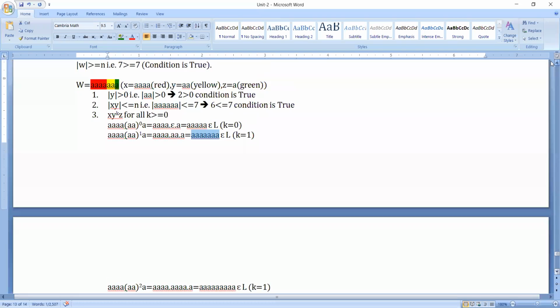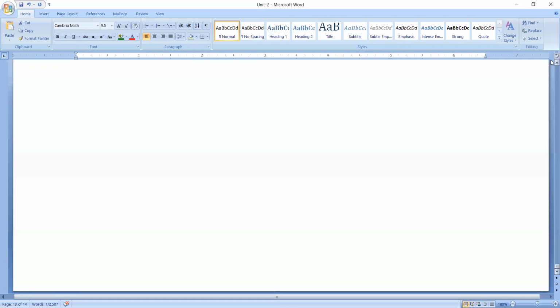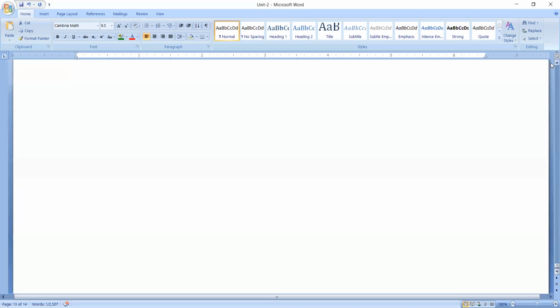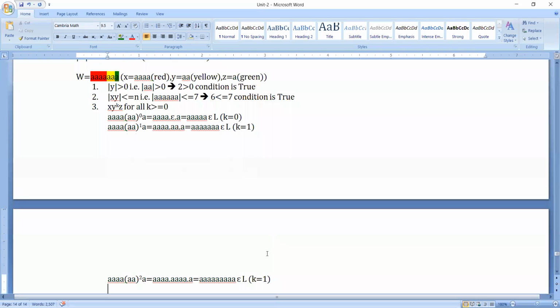Now when I look into this language, after 7 the next number of a's will be 11, but not 9. Now we came to know that when I pump this y portion twice, I am able to generate a string outside the language.